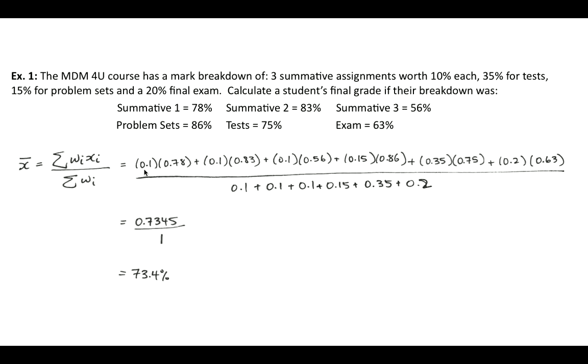And if you wanted your weighting to be parts, so 10 parts for this, 10 parts for that, 35 parts for that, then you could have done 10 times 78, 10 times 83, 10 times 56, 15 times 86, and so on. Your denominator would now be 10 plus 10 plus 10 plus 15 plus 35 plus 20, which would give you 100 down here. So you'd have 7345 divided by 100, which would give you 73.4 in the end.